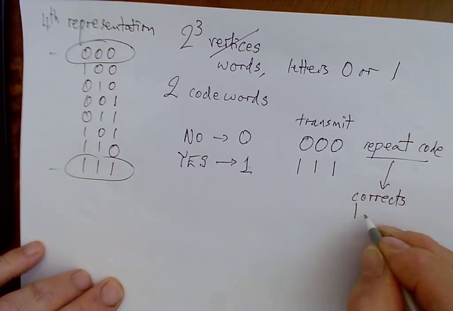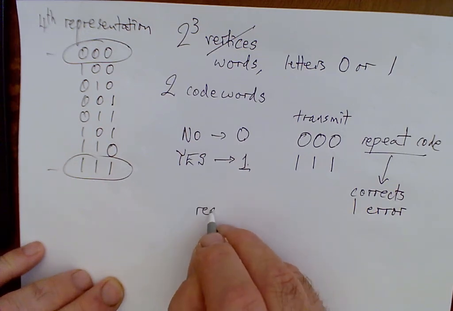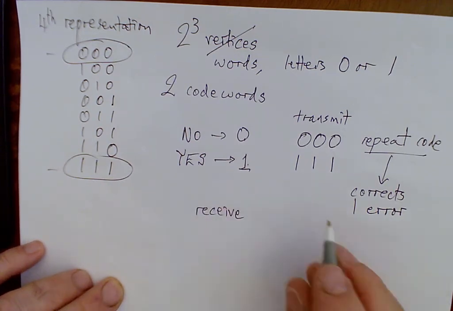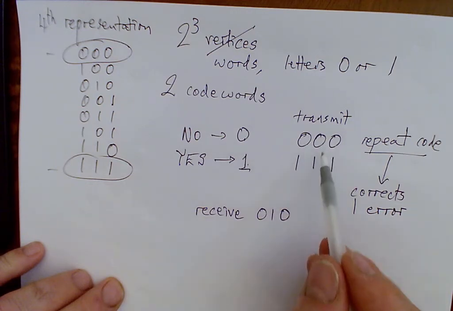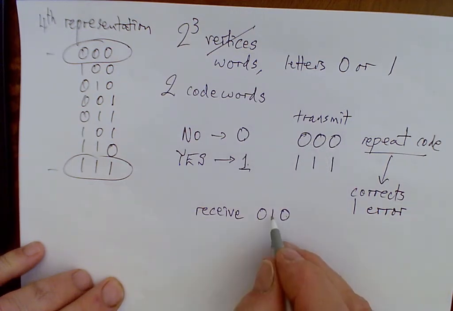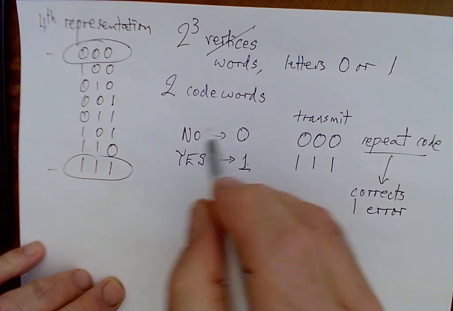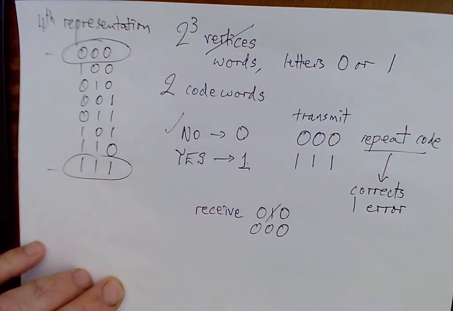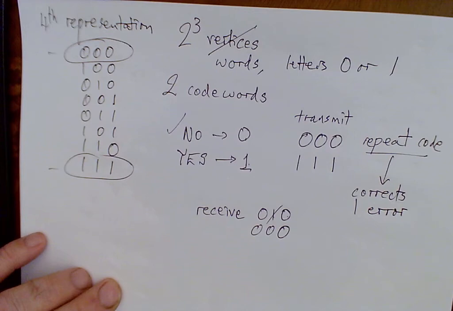In the sense that if we receive, instead of 0, 0, 0, if the signal box receives, say, 0, 1, 0, the idea is that there's no message that corresponds to 0, 1, 0, but if there was just one error, we can say really what this means is 0, 0, 0, so it must be a no. The message must have been no. So you see, if there was a 10% chance of error, the chance of 2 errors would be 1%. So the idea is this is a pretty certain way of getting the right message.